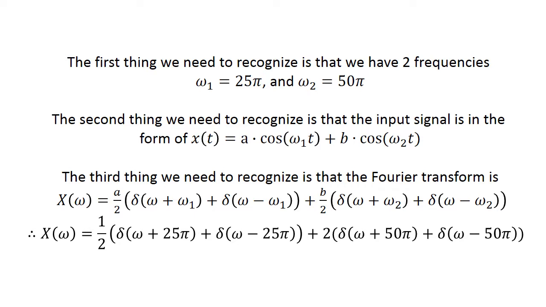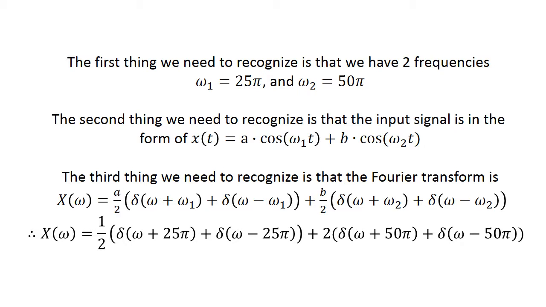The third thing we need to recognize is that the Fourier transform is in the following form, which is long and drawn out. The answer, though, I'll cover it, is X(ω) = 1/2 times both of the delta functions, where delta is multiplied times ω + 25π and ω − 25π.